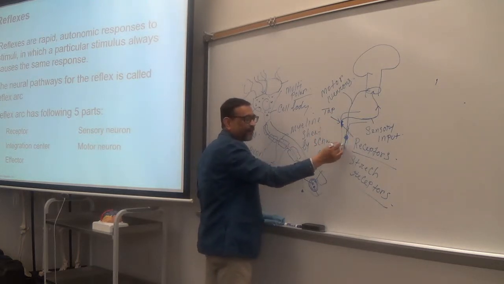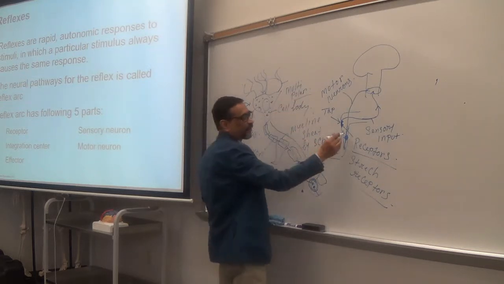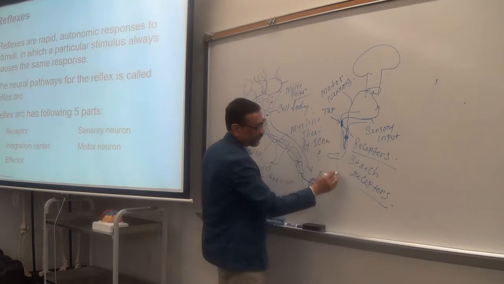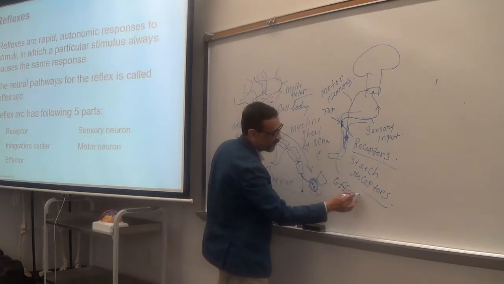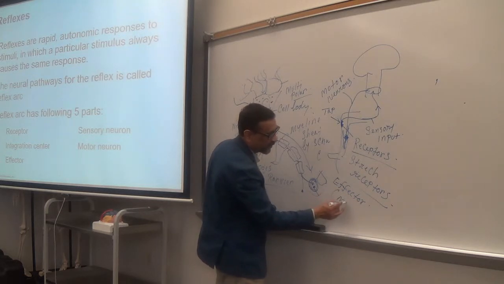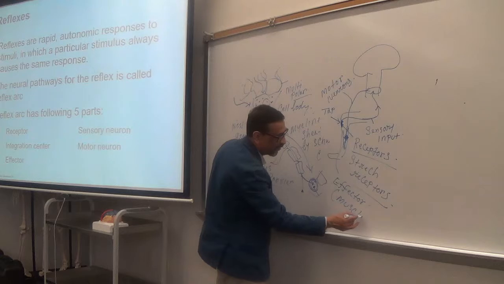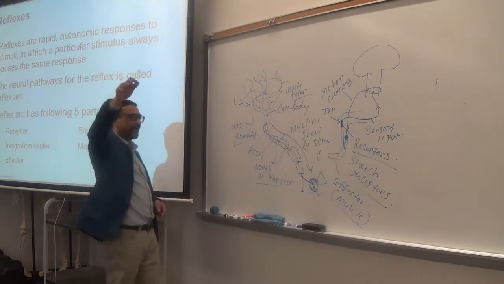Will work on the muscles of the leg to kick the leg forward. So that is the effector. Effector is the muscle in this case. In this case, effector is the muscle, because that will cause the movement of the leg.